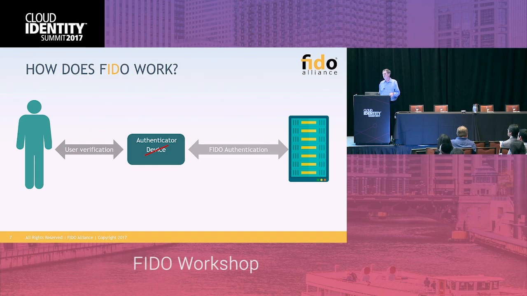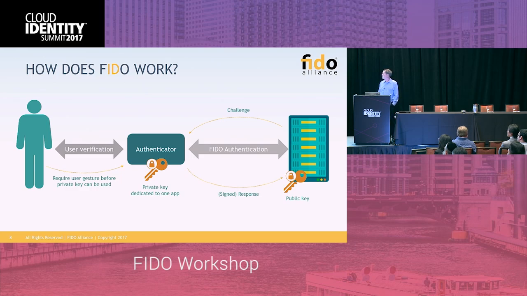So you can imagine if you get a laptop with Windows on it, all Windows devices require a TPM chip to be embedded in the device. So Windows will take advantage of the built-in TPM chip. It could be that you have a USB device that could plug into a Windows device, and it could be a biometric, it could plug into Windows Hello, et cetera, things like that that can be used as a device.